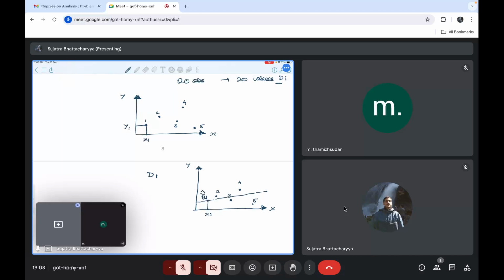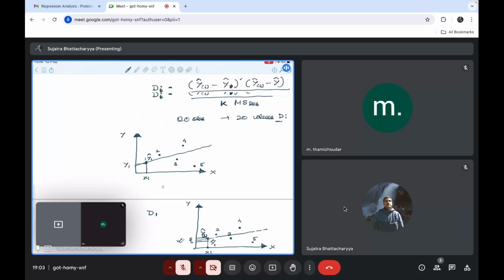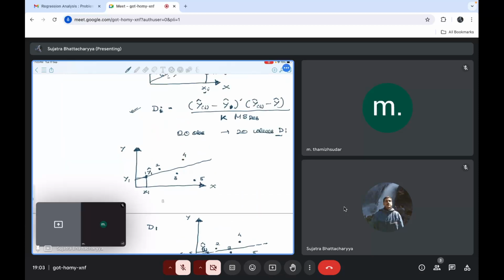When you have all the observations, you might have something like this, and corresponding to that this is y1 hat. The difference between this y1 hat and this y1 bracketed is used to calculate the Cook statistic.